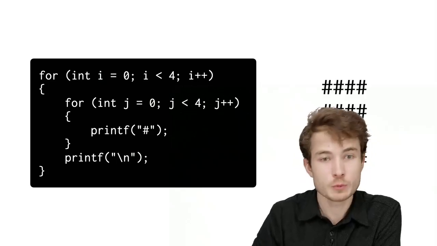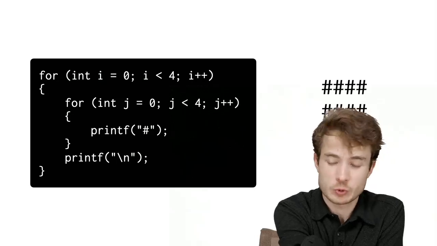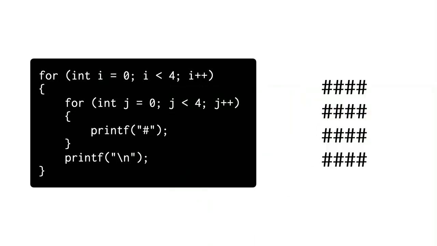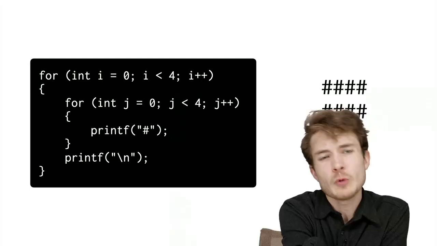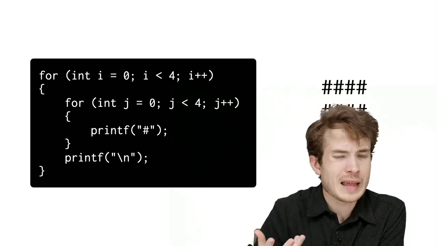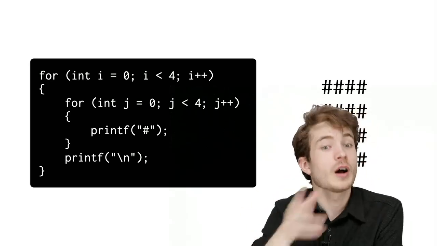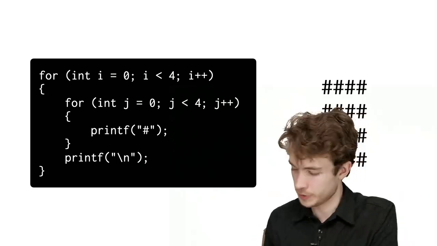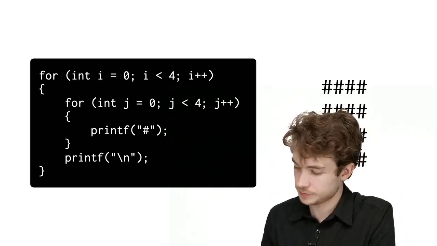The result of this will be the square of hashes we see on the right-hand side. So as you're working on a program like Mario, don't be afraid to make a loop and then put that loop inside of perhaps another loop to help you solve the problem you're trying to solve.